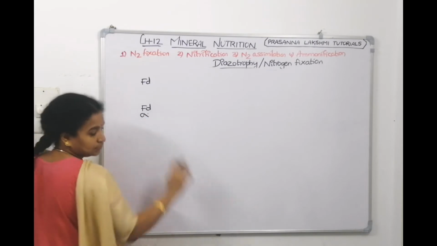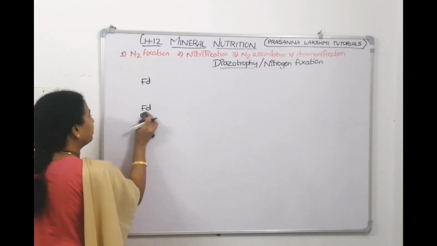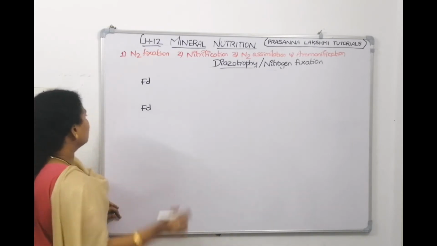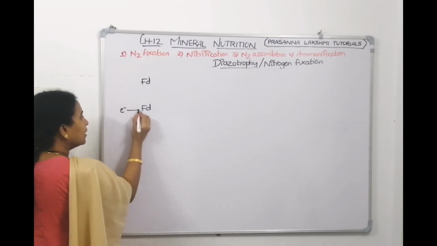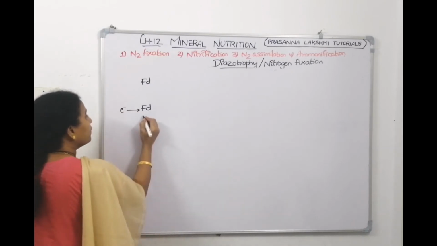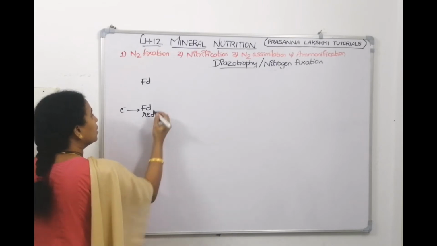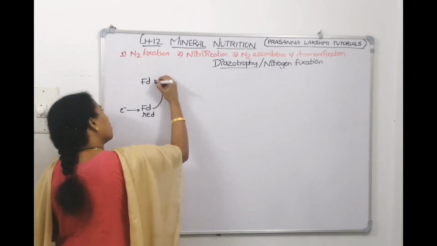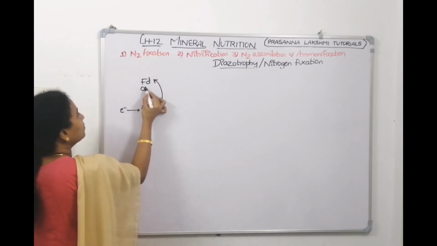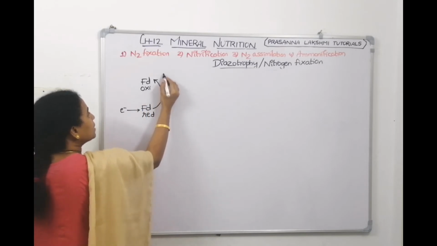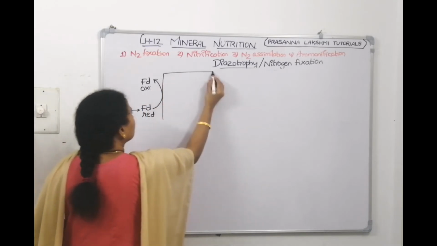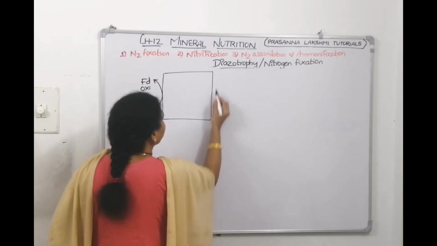Ferredoxin is the reduced form. So, it took the electrons, right? After taking the electrons, ferredoxin gets reduced. When ferredoxin becomes oxidized, it will pass on the electrons to component 2.